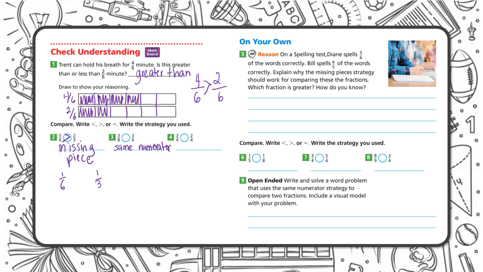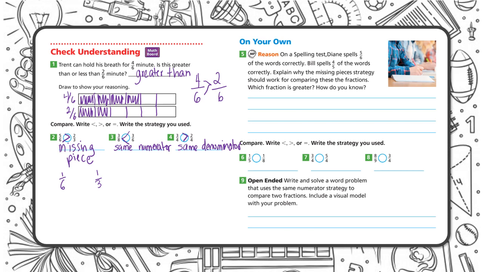So 3/8 is less than 3/6. And then I have 3/4 and 2/4. And I notice that they each have the same denominator. So now all I have to do is compare my parts. 3 parts is greater than 2 parts, so 3/4 is greater than 2/4.